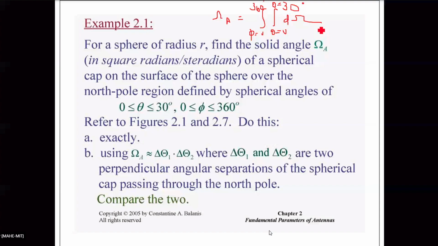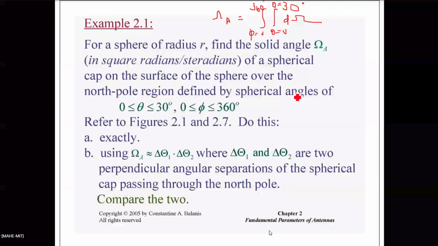Compare the two. So what is delta theta 1? Can you tell me? In the phi is equal to constant plane, you can get two perpendicular planes.